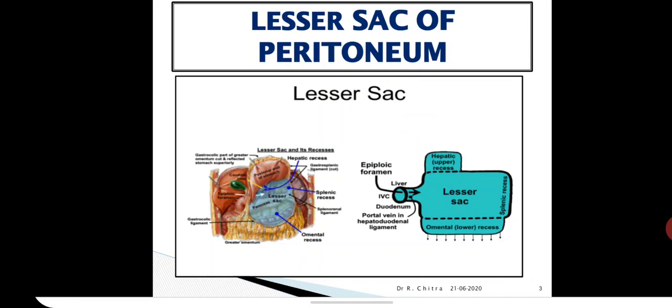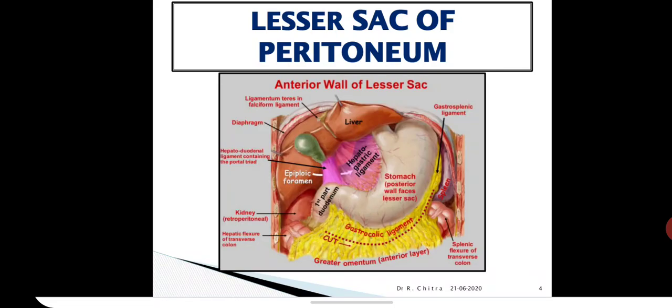Now we will see the boundaries of the lesser sac. It presents an anterior wall, a posterior wall, and four margins: upper, lower, right and left. First we will see the anterior wall of the lesser sac.